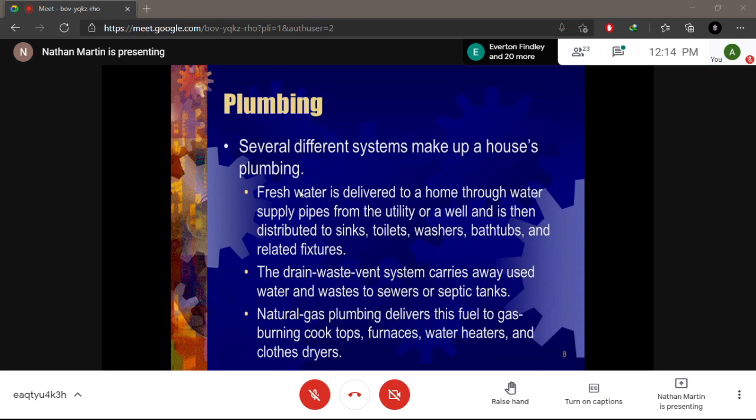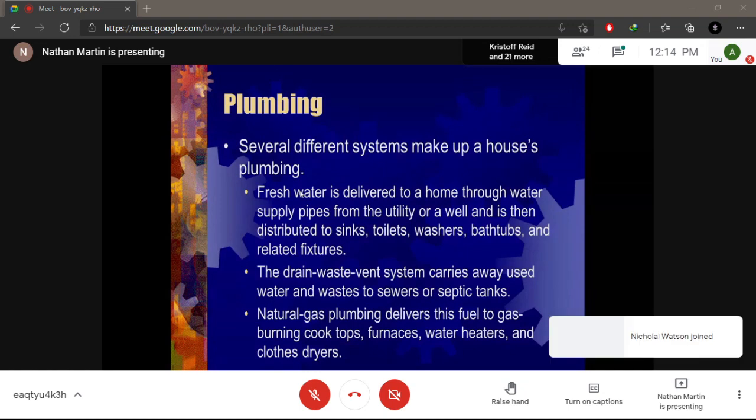Now, the drain waste vent system, or DWV system, carries away used water and waste to sewers or septic tank. Now, a septic tank is really, as the term suggests, a tank rather than a soak-away pit. So a soak-away pit, which we used a lot in previous times in our country, is not a septic tank.